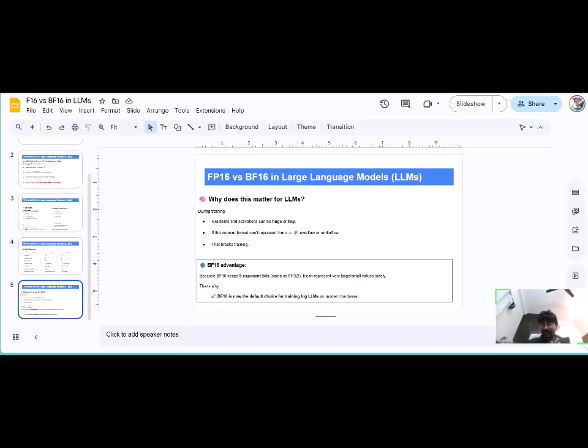So the advantage is that BF16 gives the same number of exponent bits as FP32. If you want to train with FP32, the same exponent range is given by BF16 also. So your training is stable.